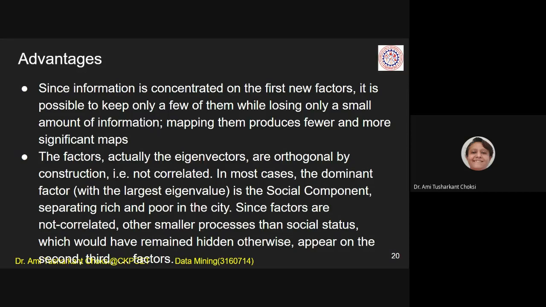Then after, we may consider not correlated, smaller processes than the social status, then we will be able to say the remaining hidden things, maybe second level, then third level.